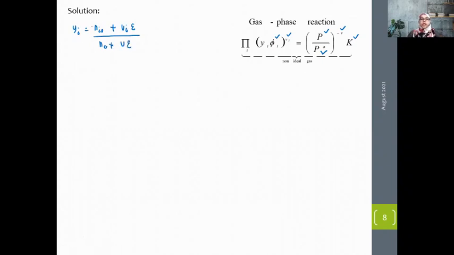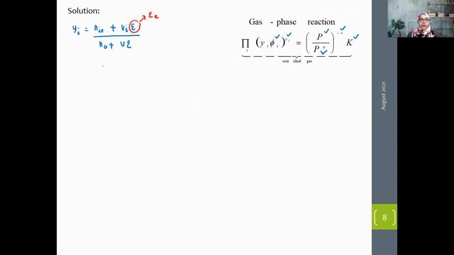The expression of this mole fraction is based on the reaction coordinate, or we can replace the reaction coordinate with the conversion. It is the same concept as the equilibrium conversion, denoted by epsilon E. We need to express the mole fraction for each species.